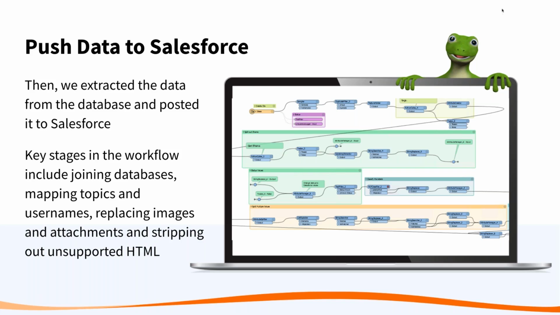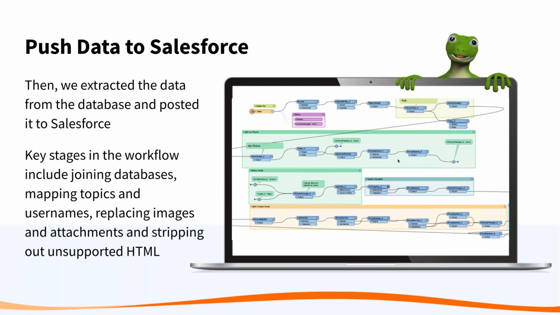So Salesforce doesn't support a lot of HTML tags that we're used to supporting in Answerhub. And so if we try to push up an unsupported HTML tag, it would just reject that whole feature and it wouldn't publish. So we really had to go through and pick out all those HTML tags from our HTML bodies to get this to work. And Nathan will be talking about that a little later on.